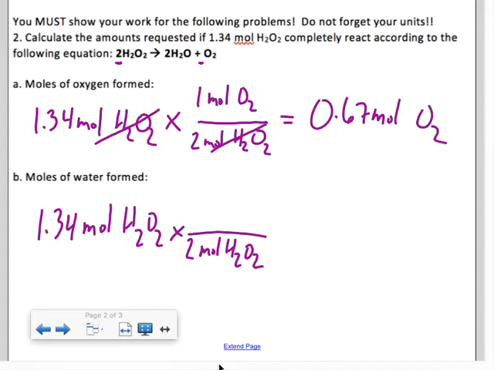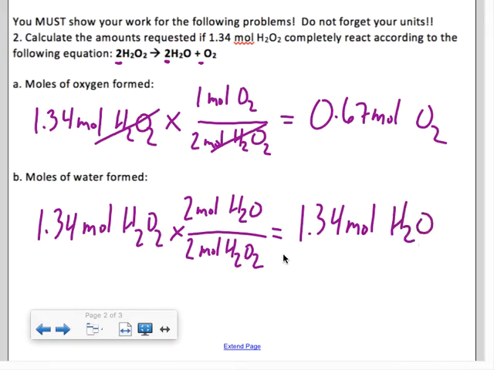So look at the chemical equation here. Oh, it's a 2. So 2 mole H2O. So 1.34 times 2 divided by 2 equals 1.34 moles of H2O. Remember, hydrogen peroxide, H2O2 is going to cancel out.